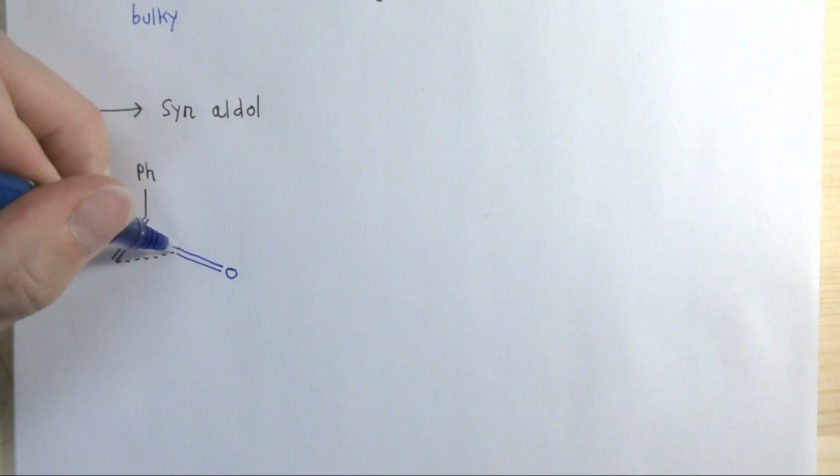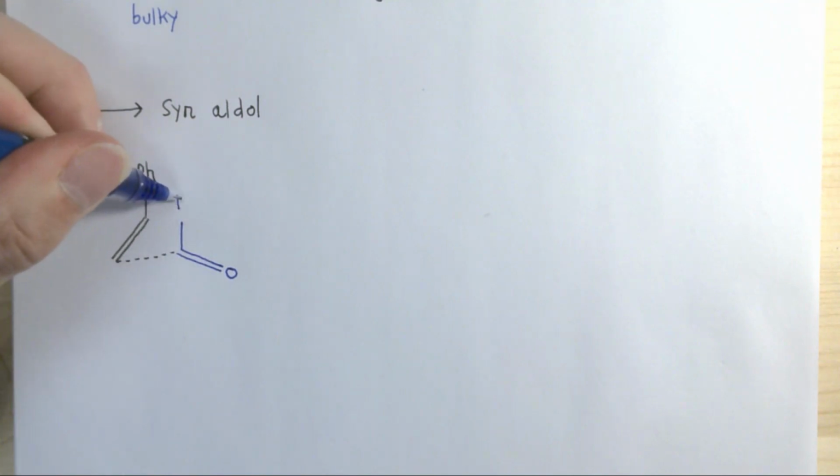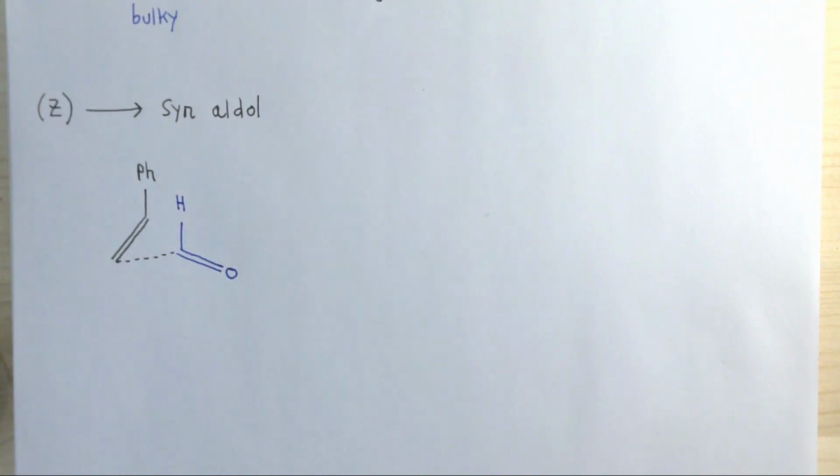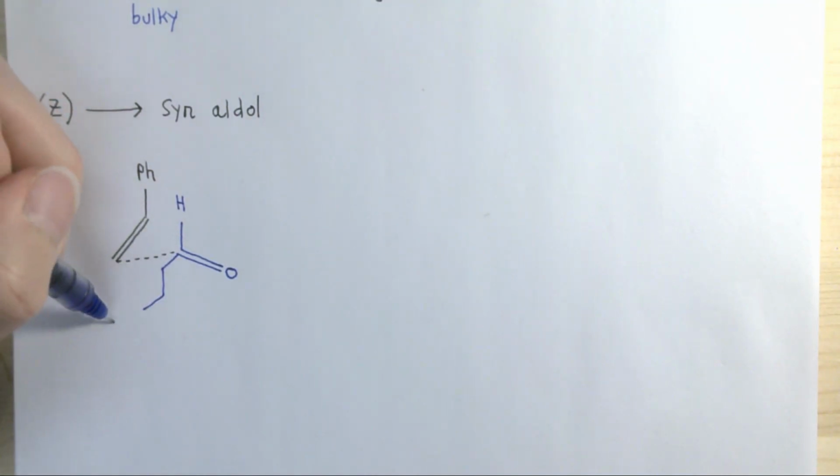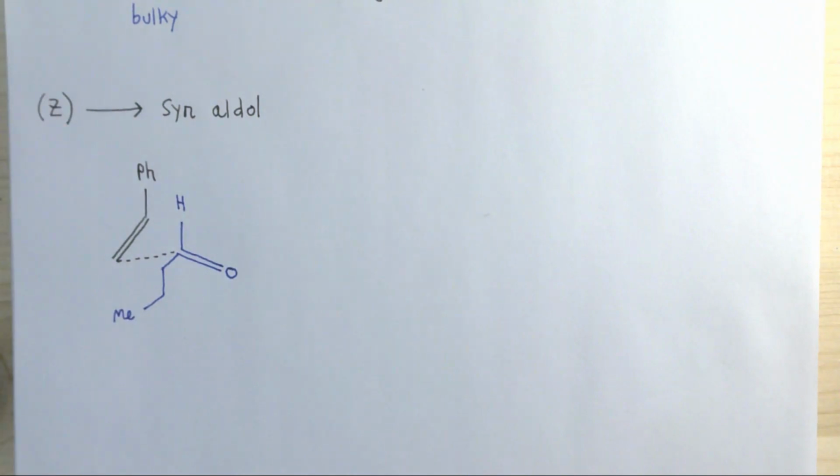And I'm going to stick my hydrogen here in the pseudoaxial position because that is the smaller group, and that means that this propyl chain will be coming over here, and it's in the least sterically hindered environment, so that's why I want to put it there.